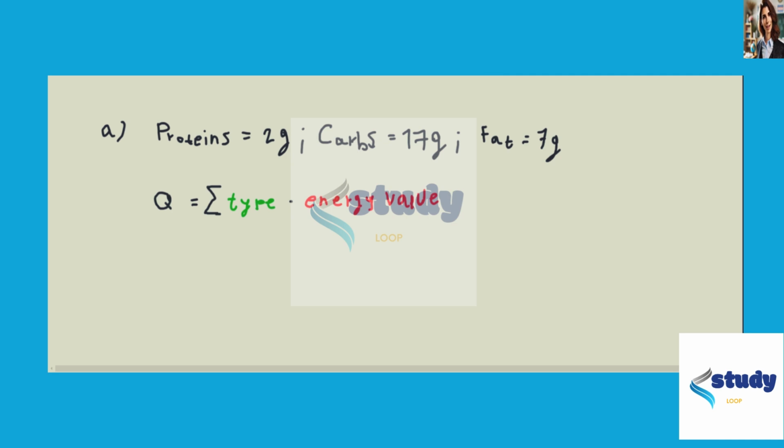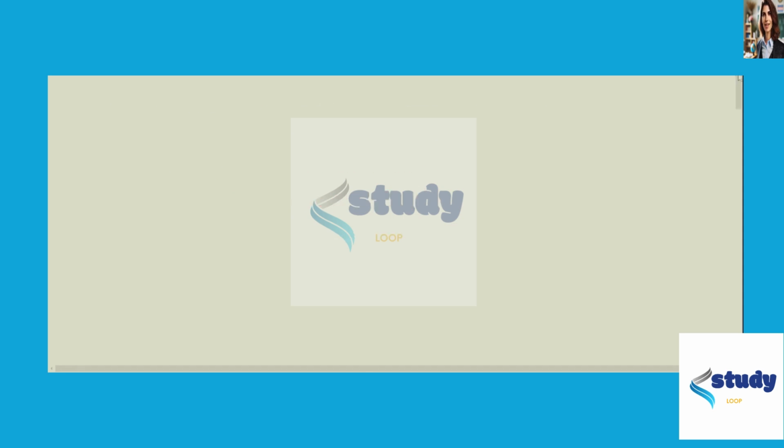So to find the total energy value of a donut, we need to sum up the type of molecule inside the food and its energy value per mass. We are given this in the problem, so we can go immediately to substitution.